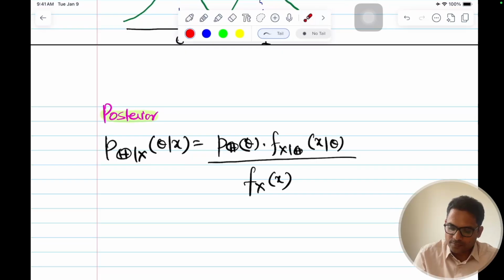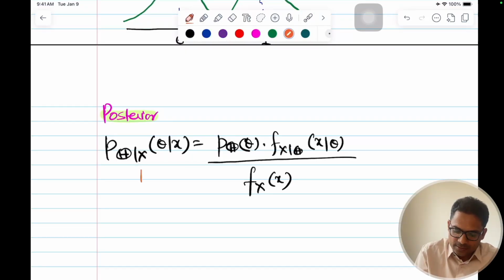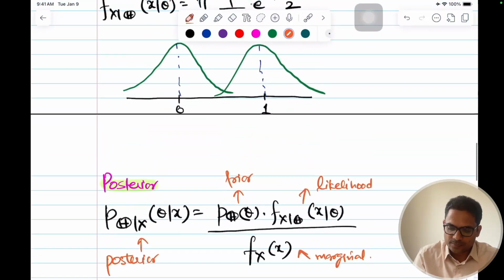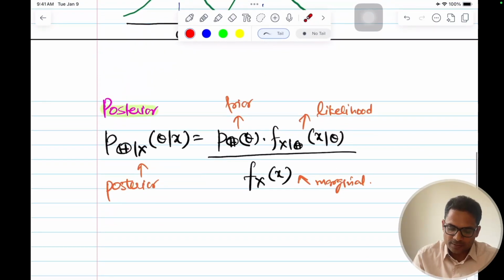Let me write it down here also so that you remember. This is just a revision of what we have done. This is Bayesian. Posterior, this is my prior, this is the likelihood, and this is the evidence, or my marginal probability. Okay, all these terms, that is clear.